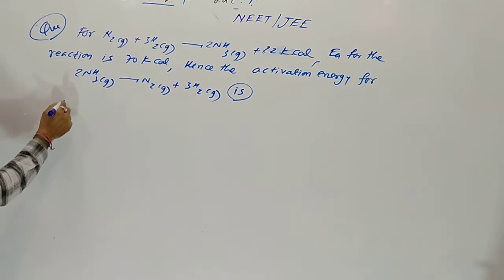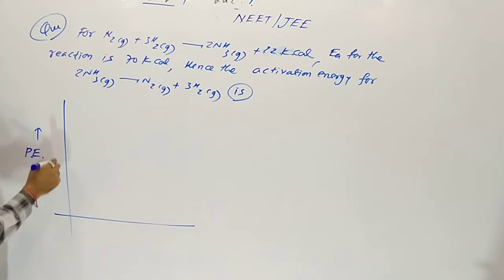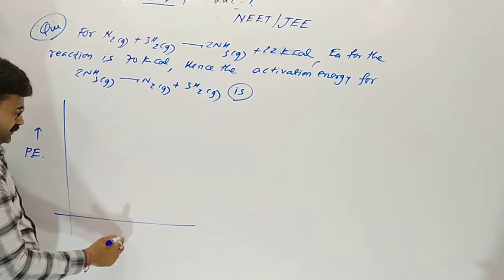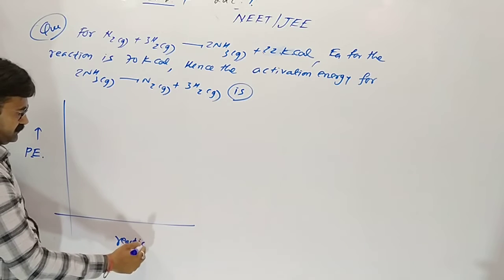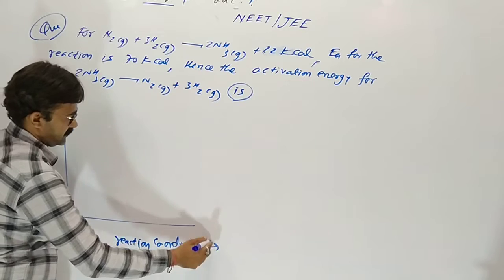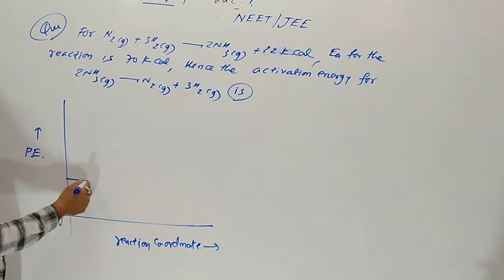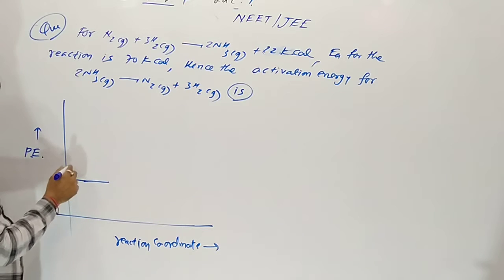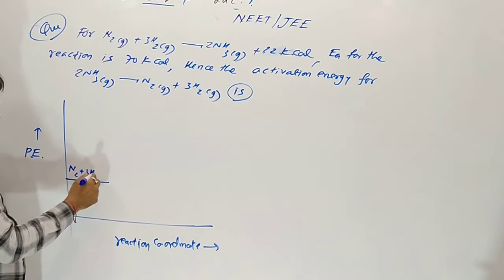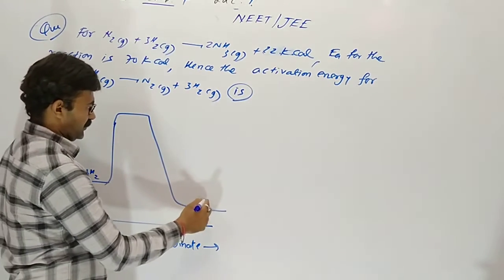Actually, we know our graph. Potential energy versus reaction coordinate. Reaction moving on x-axis and potential energy change on y-axis. Here N2 reacting with 3H2 and gives 2 mole ammonia.